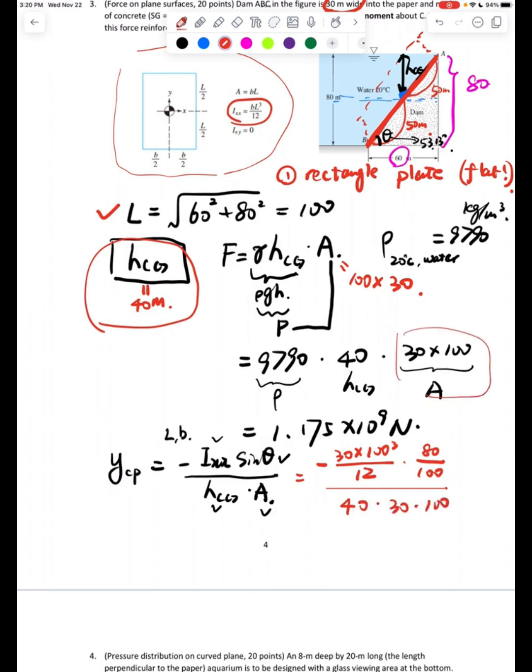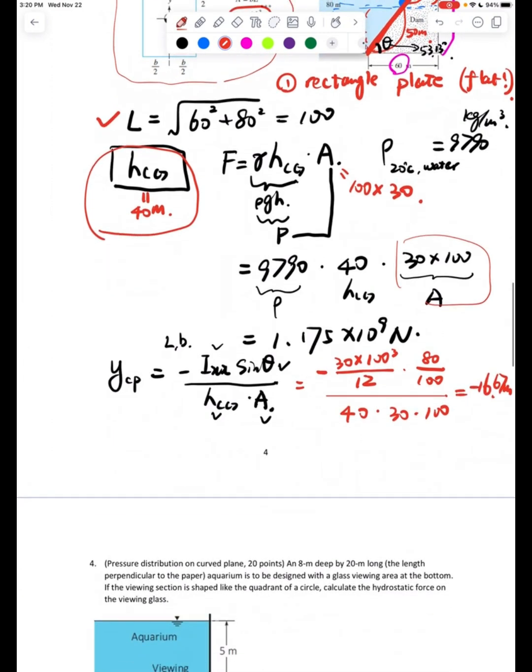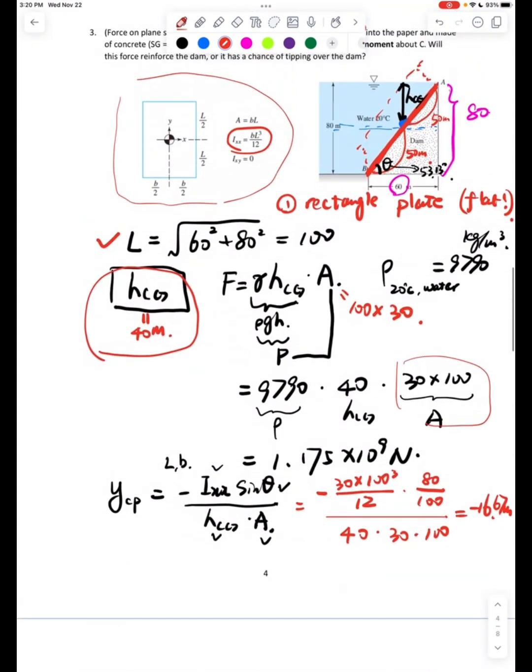So it equals negative 16.67 meters, right? So that's YCP.